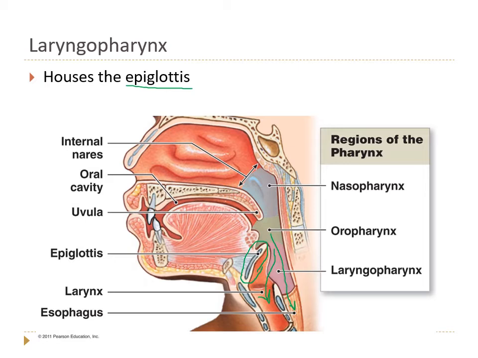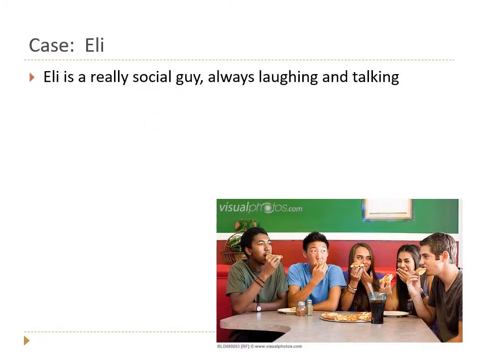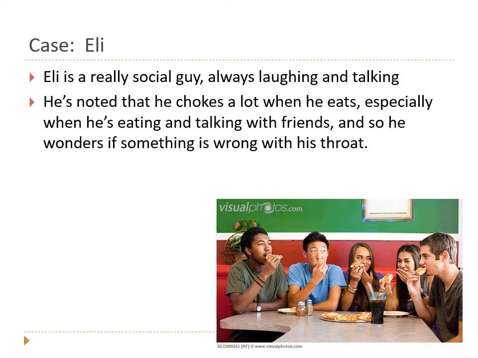Now, if everything's working properly, food and drink should go into the esophagus only, and air should go into the trachea only, right? So let's think about Eli, right? He's a social guy, always laughing and talking, and he finds he's always choking when he's going out to eat with his friends. So he's like, oh, something must be wrong with my throat.